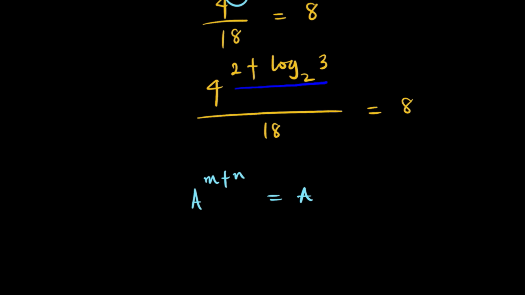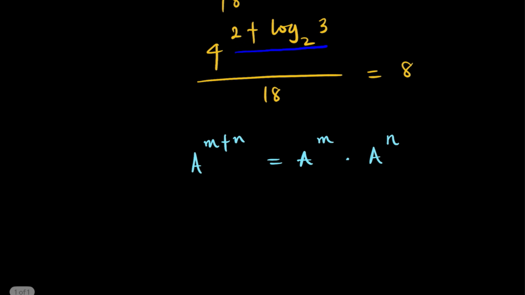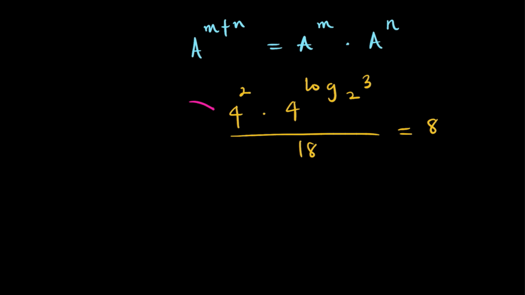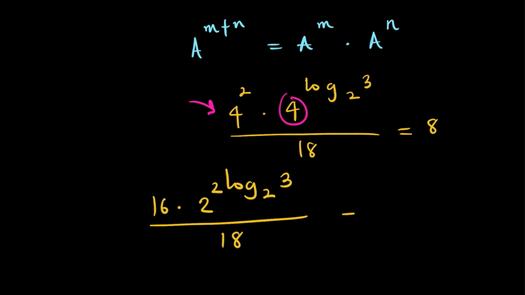This will give us a raised to power m times a raised to power n, so that our expression becomes 4 raised to power 2 times 4 raised to power log 3 base 2 divided by 18 to give us 8. 4 raised to power 2 here is 16, so let us write that as 16 times 4 here, let us write that as 2 raised to power 2, then times log 3 base 2 divided by 18 to give us 8.